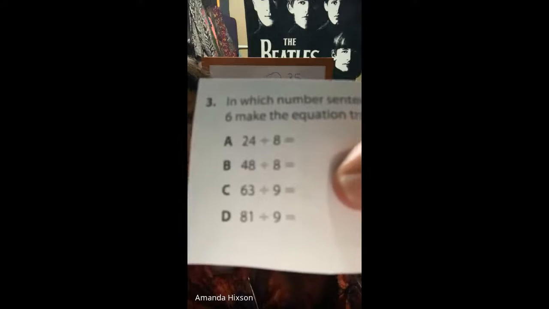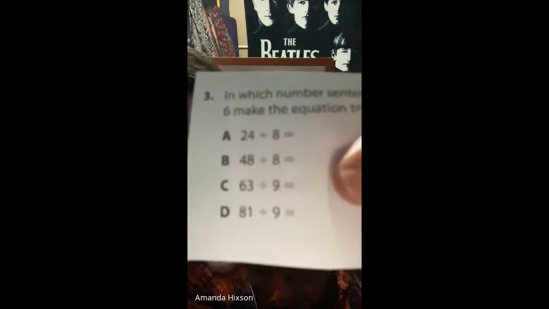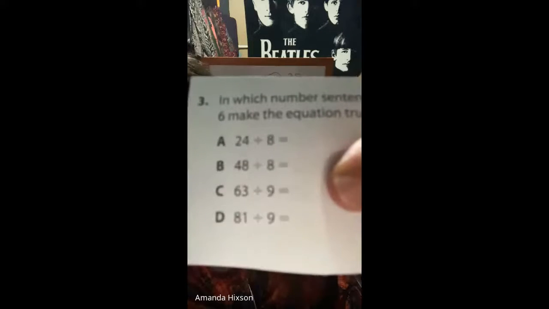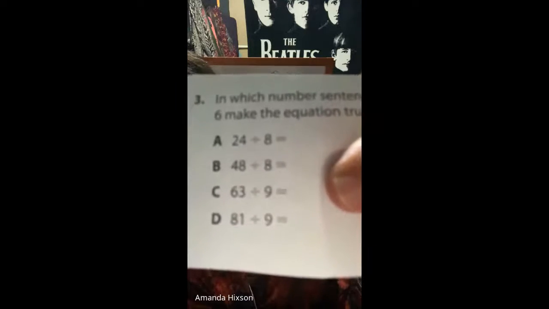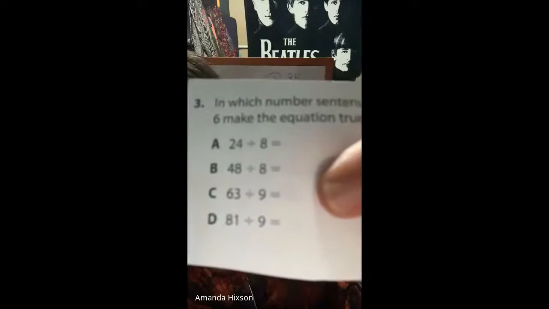Once you think you know if it's A, B, C, or D, give me a thumbs up, okay? And then I'll let you answer, see who can get the right one first. Which one is 6?